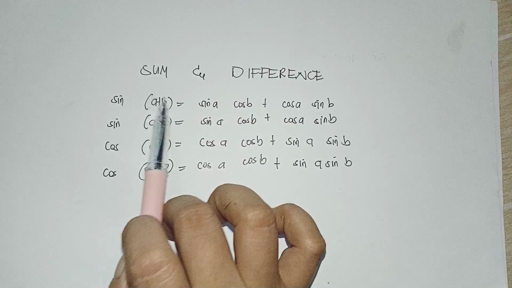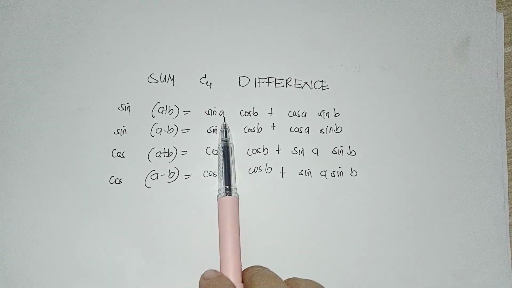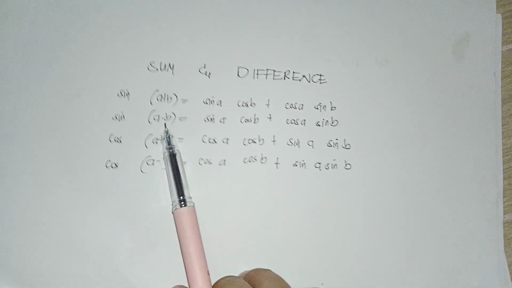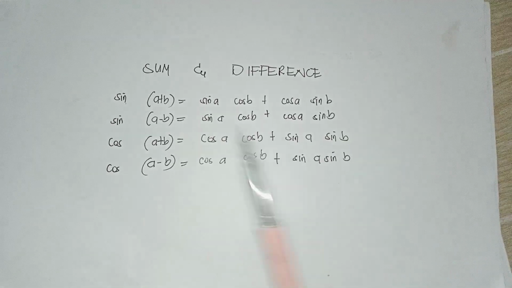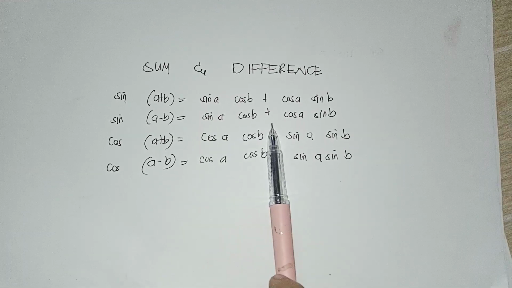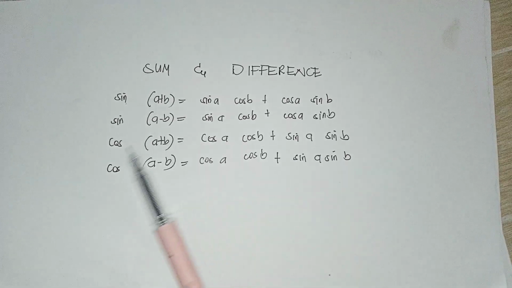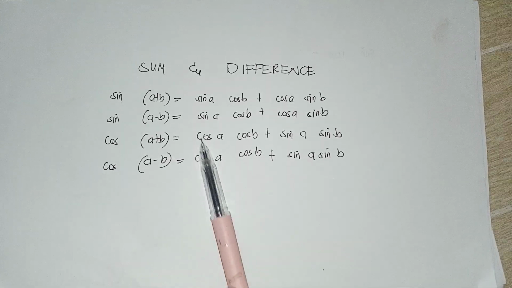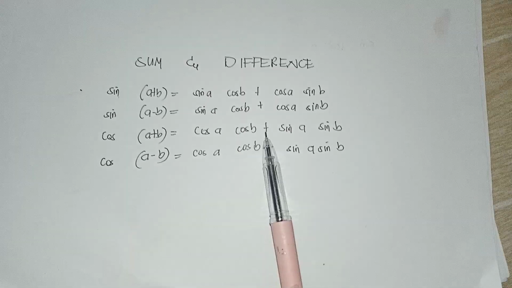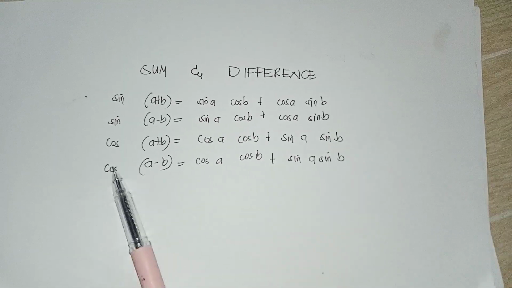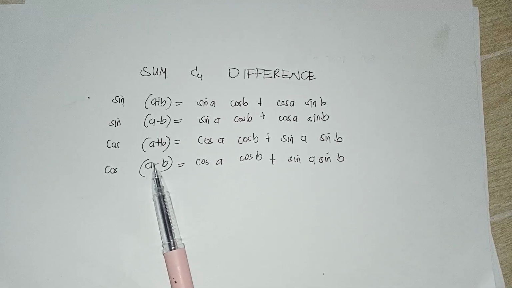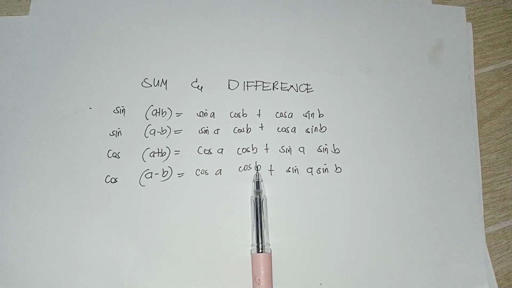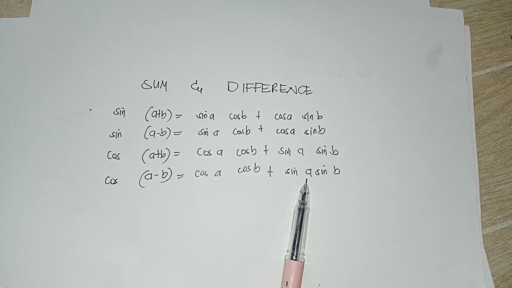The sine of a plus b is equal to sine a cos b plus cos a sine b, and the sine of a minus b is equal to sine a cos b minus cos a sine b. The cosine of a plus b is equal to cos A cos B minus sin A sin B, and last, the cosine of A minus B is cos A cos B plus sin A sin B.